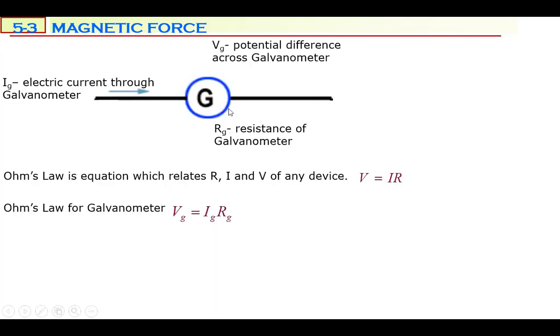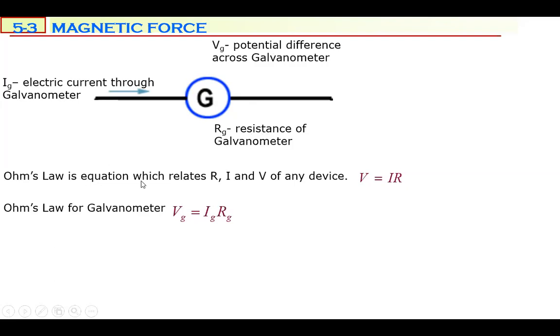And this is the symbol of a galvanometer. When you connect this galvanometer to an electric current, the coil gets a current which is Ig, the potential difference across the galvanometer is represented by Vg, and the resistance of the coil or galvanometer is represented by Rg.